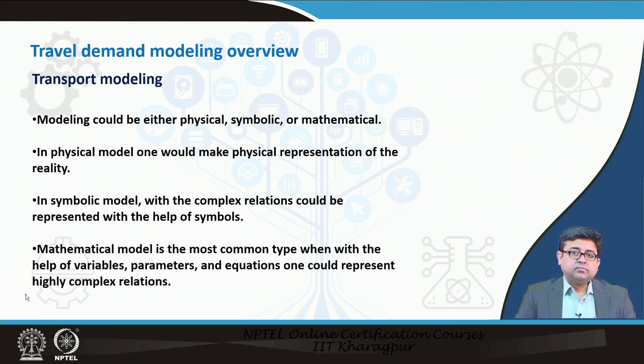You can have a symbolic model which describes a complex system using different symbols, or you can have mathematical statistical models which by the use of equations and different types of parameters try to explain how a system works. So, when we are talking about transportation modeling, we are essentially talking about mathematical models.